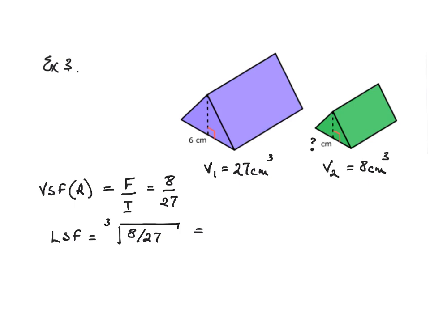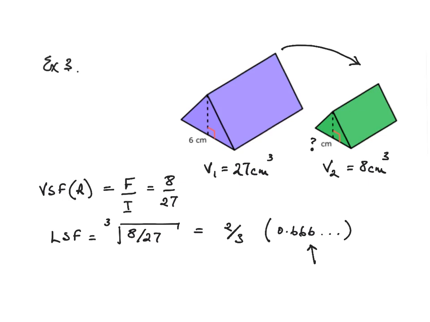Your calculator may give you the exact answer 2 over 3, or it may give you the decimal approximation 0.666 dot dot dot. You can use either one of those. You need to be reasonably accurate with this though. So remember, that's the reduction scale factor, so we're going from the larger shape to the smaller shape.